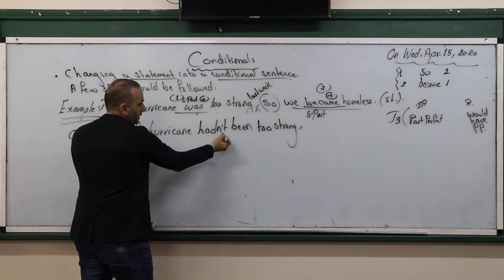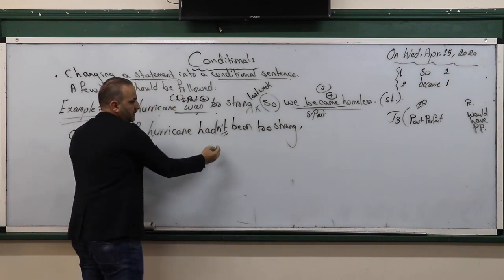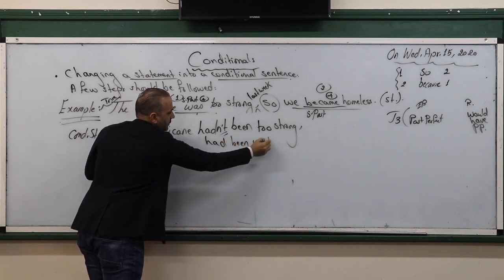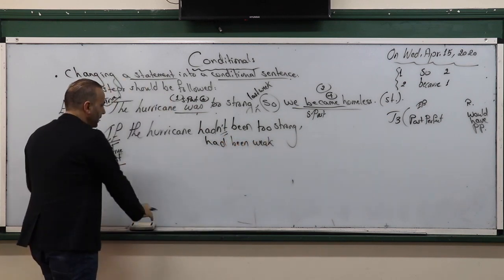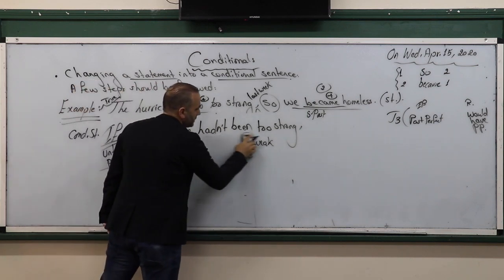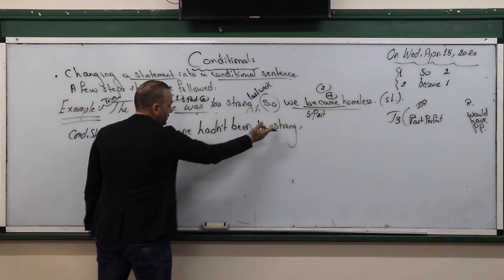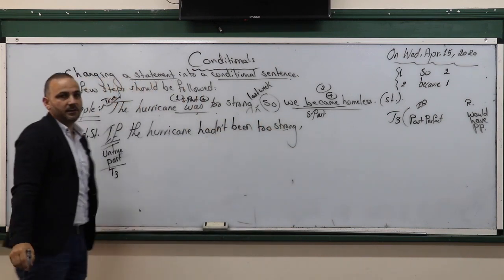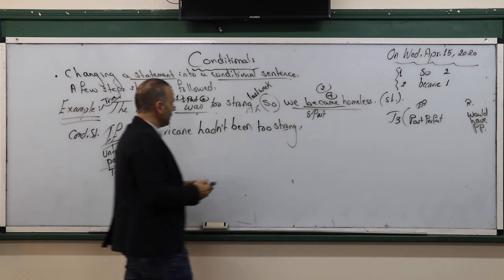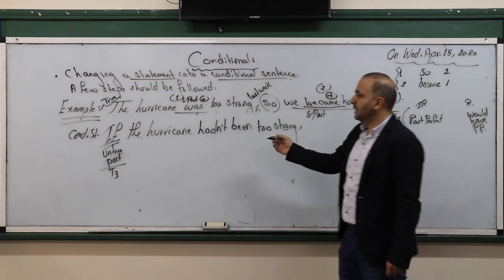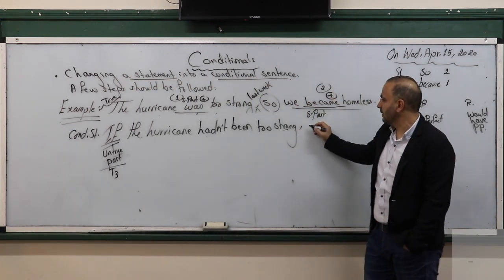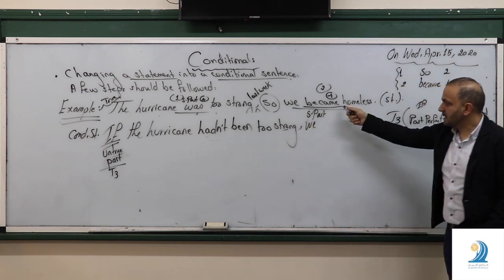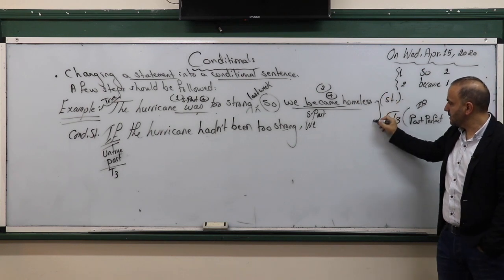If the hurricane, I don't want to write not, if the hurricane had been weak, had been somehow light, whatever. So please, you can play with the adjective. You can change this positive into negative without the not. So, without not. So if the hurricane hadn't been too strong, that's it also. Past, with the if clause, that's really, as we said, true.